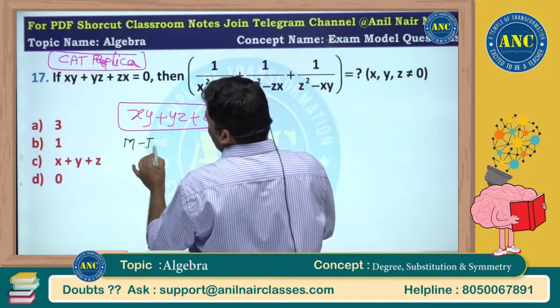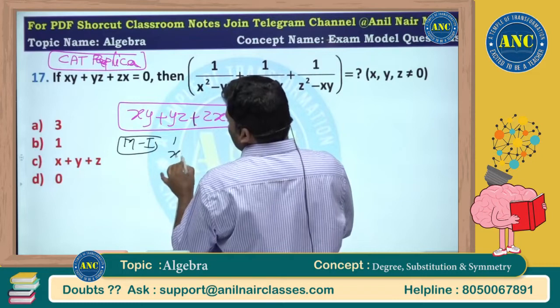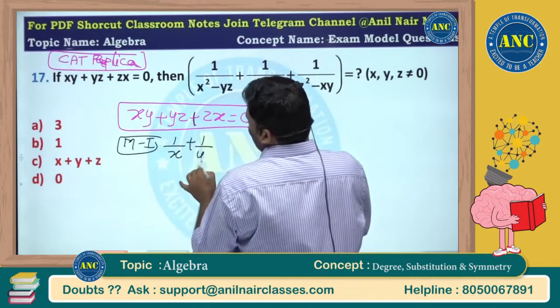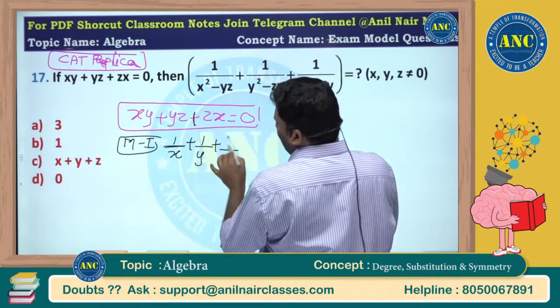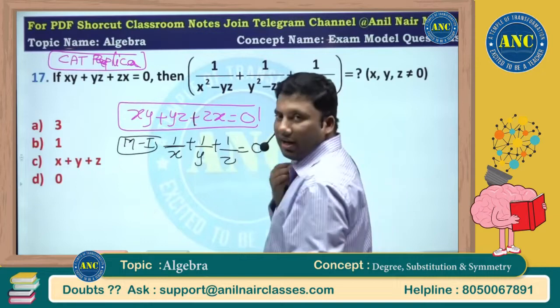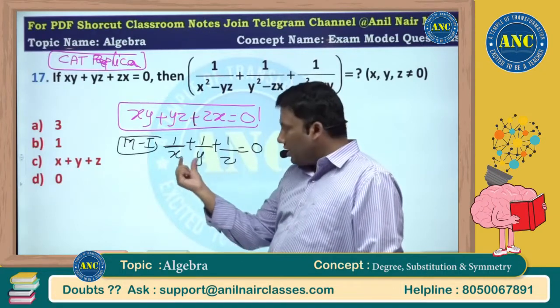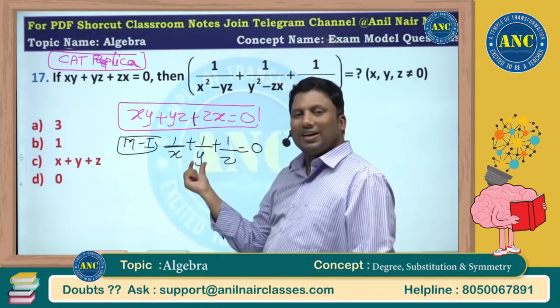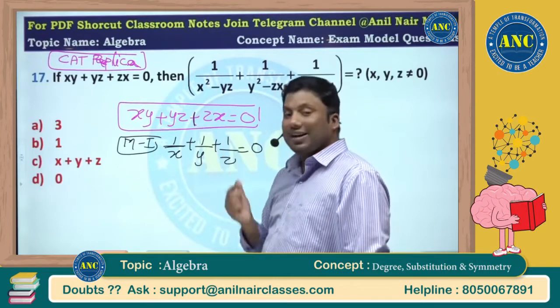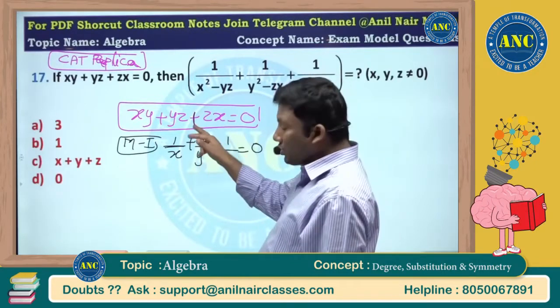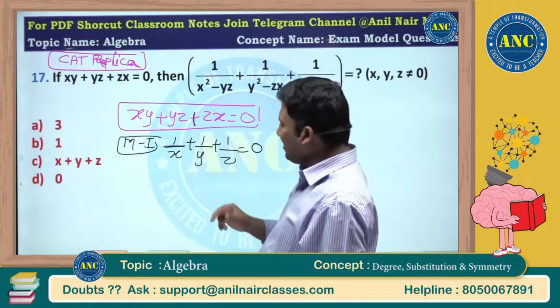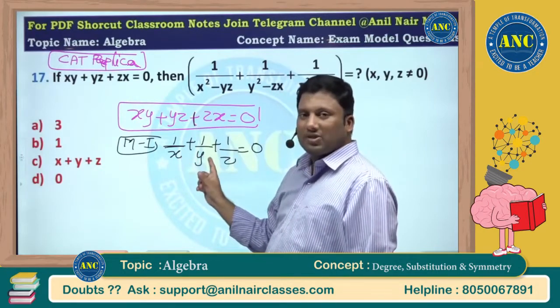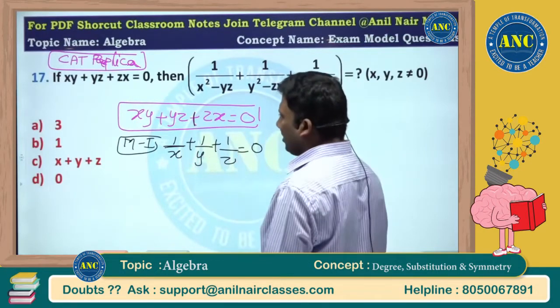This also means 1 by x plus 1 by y plus 1 by z equivalent to 0. Am I right? If I take LCM xyz, numerator yz, next term is xz, next term is xy. So xy plus yz plus zx, it is 0. That means 1 by x plus 1 by y plus 1 by z equivalent to 0.